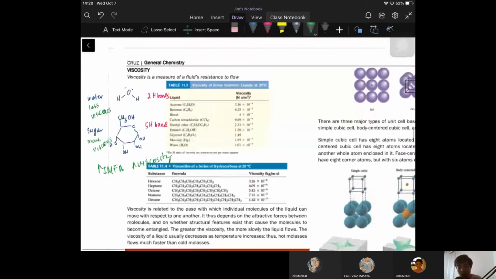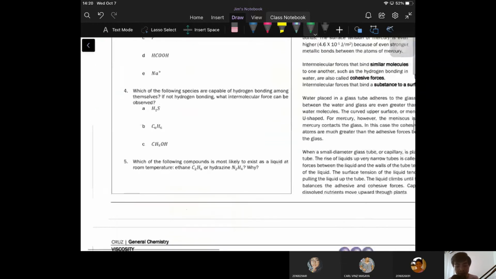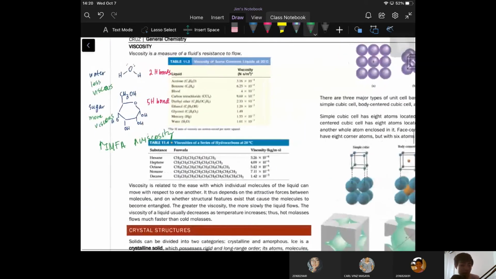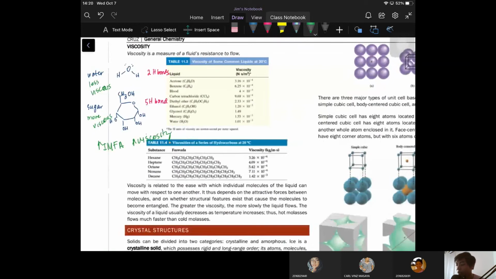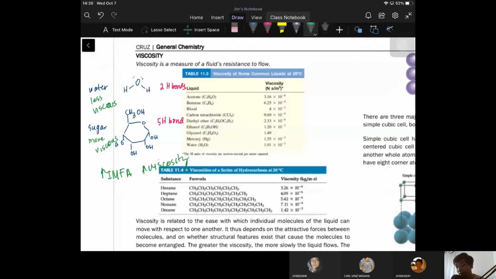So, those are the two liquid phenomena, no? Surface tension and viscosity. No? So, depending on the intermolecular force, you can have different surface tensions o kaya pwede yung different viscosities, no? So it's just a matter of looking at the molecule, identifying the types of bond na pwede nila gawin, no?